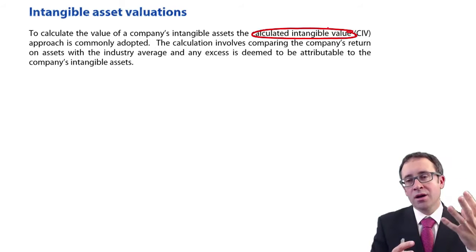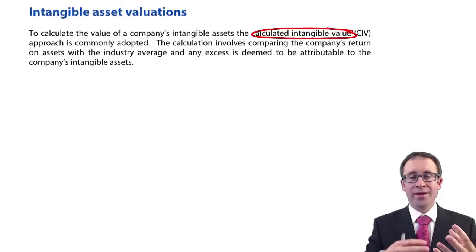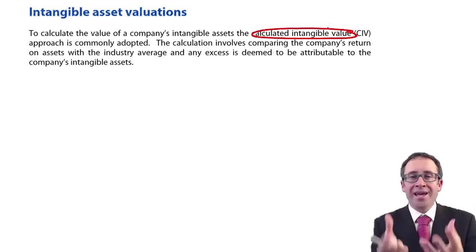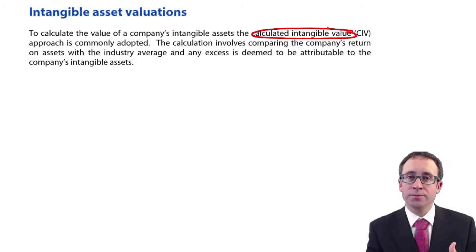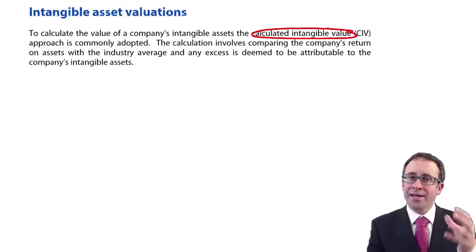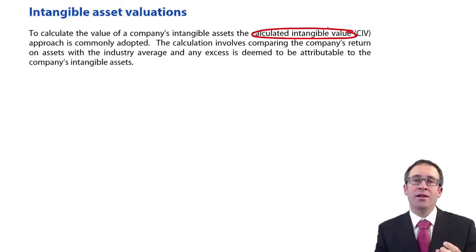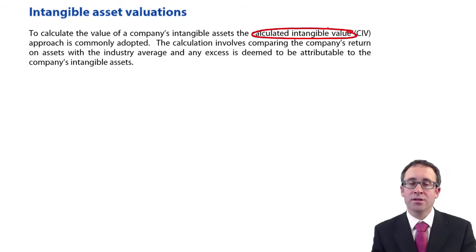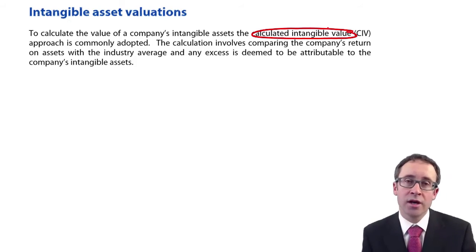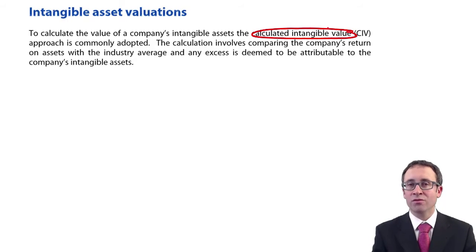Now, if our return is greater than the industry return, then we will therefore make more earnings than what the industry does. Those excess earnings can therefore be attributed to the value of your intangibles. Okay, that's what we assume. Any excess earnings due to an excess return that we make come from intangibles. And if we can work out the value of those earnings and the excess of those earnings, then we can discount those earnings back to present value, and therefore we have your calculated intangible value.